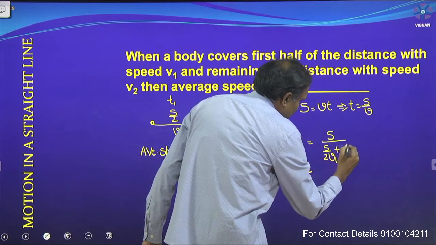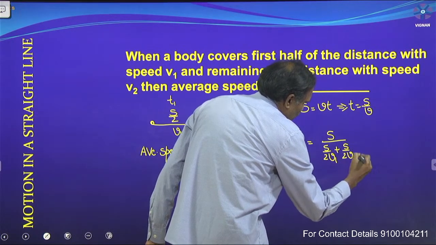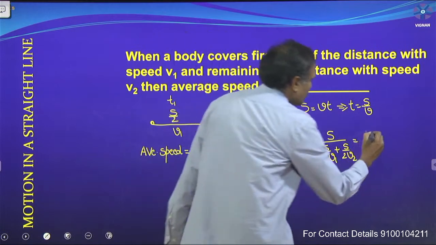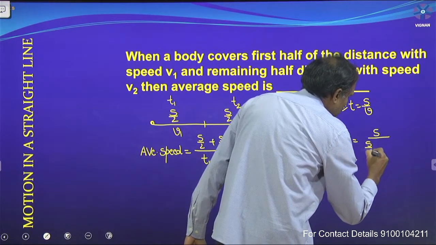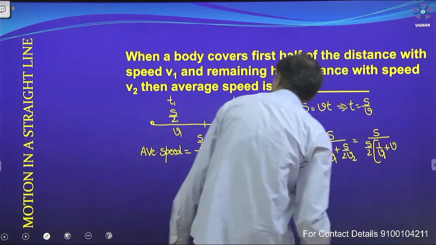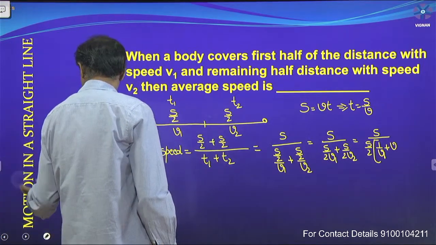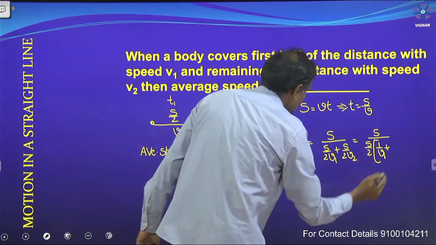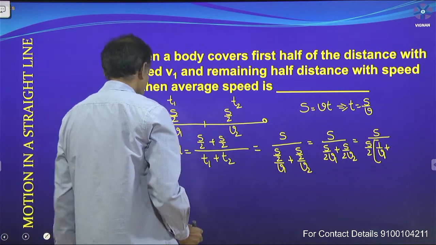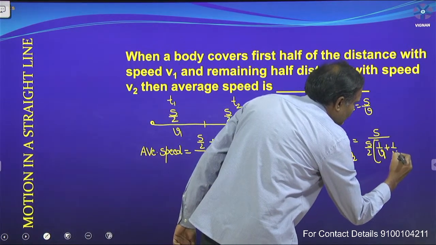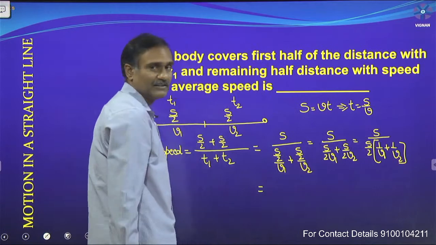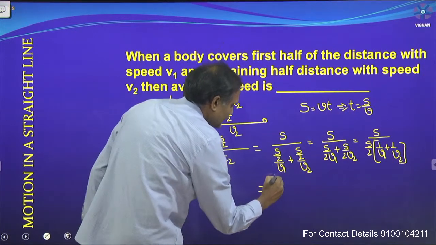Taking s by 2 as common, it becomes s divided by s by 2 times 1 by v1 plus 1 by v2.